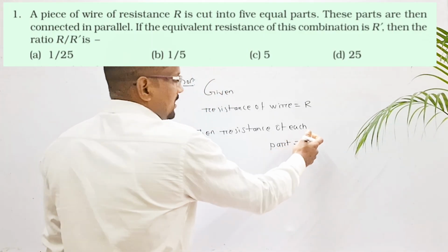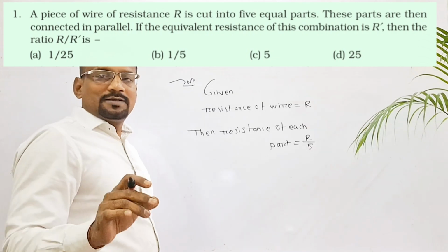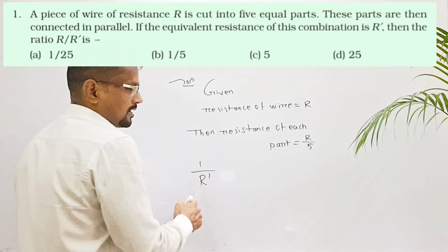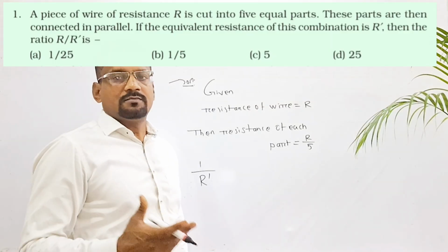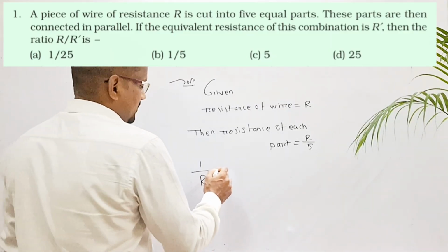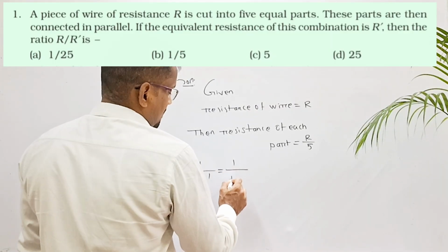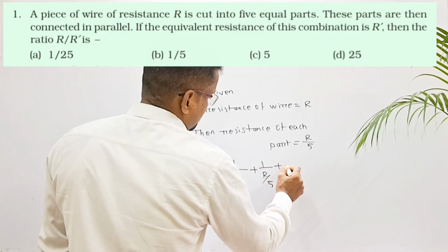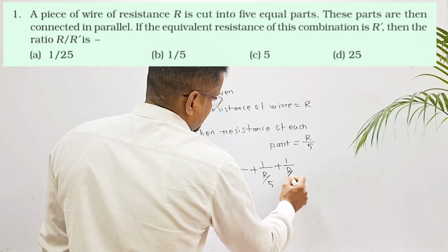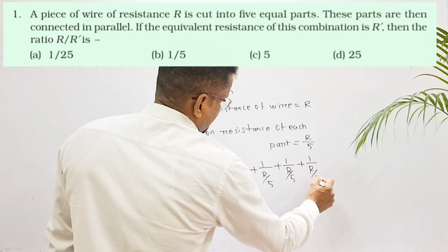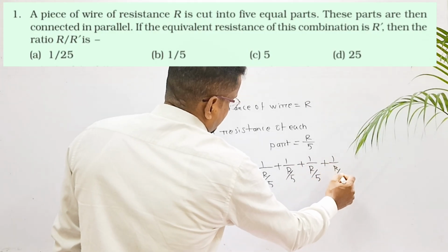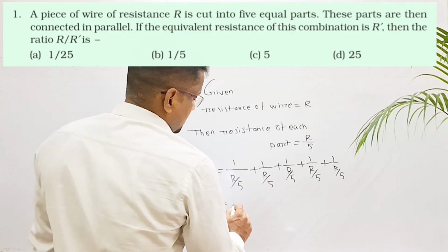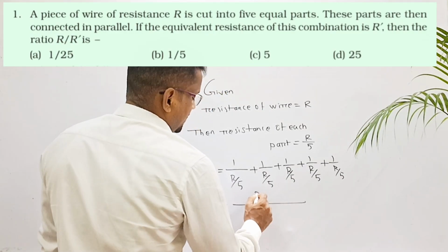And when these R by 5 are connected in parallel connection, then 1 by R dash is the total resistance of the combination. That's equal to 1 by R by 5 plus 1 by R by 5. Now you see, LCM will be R and here it will be 25.